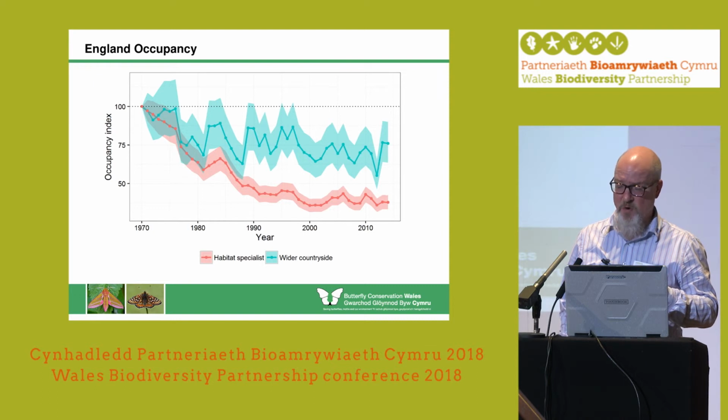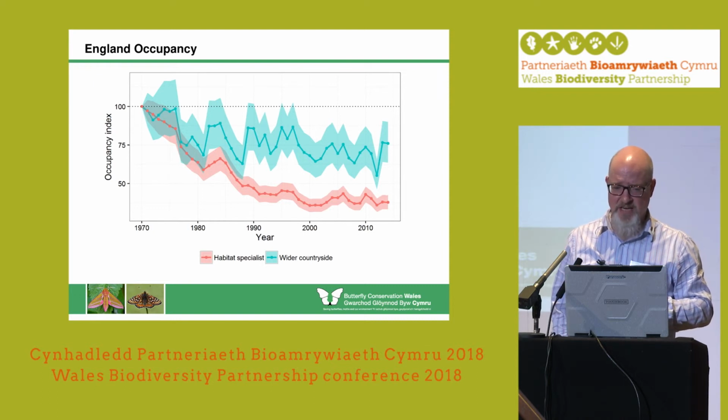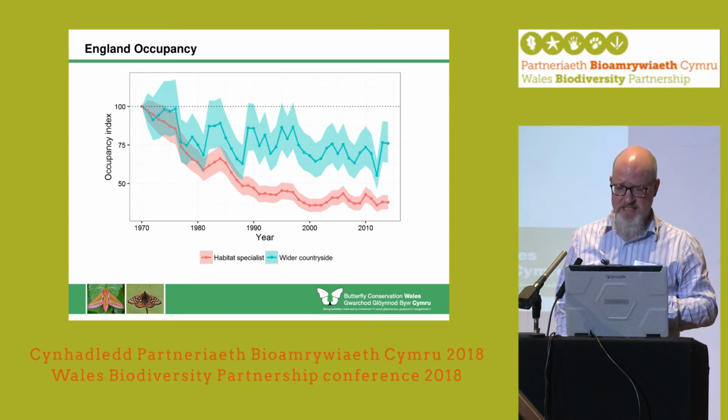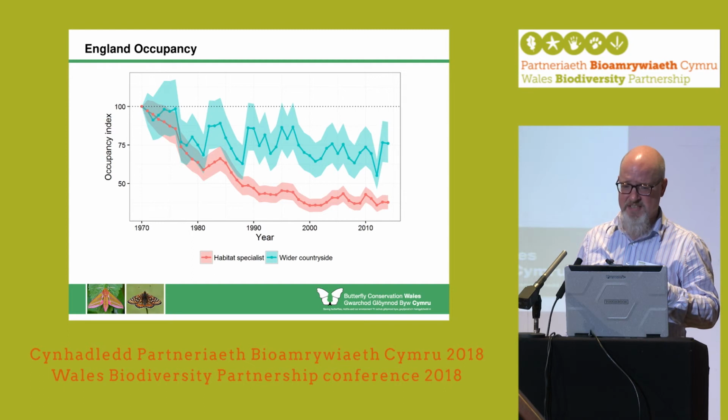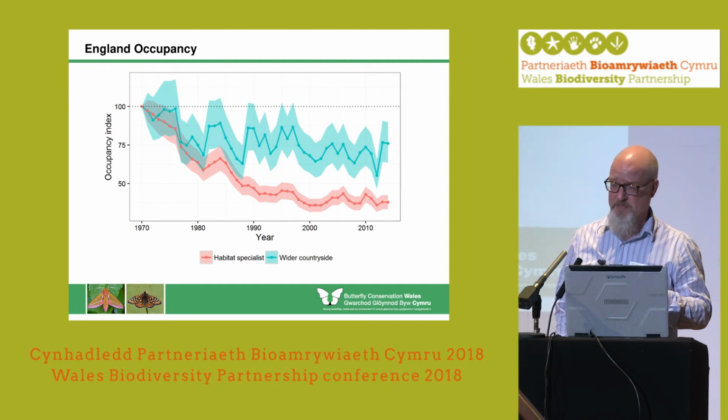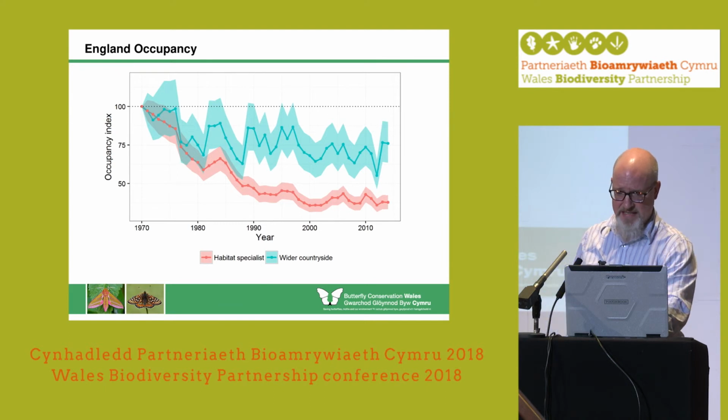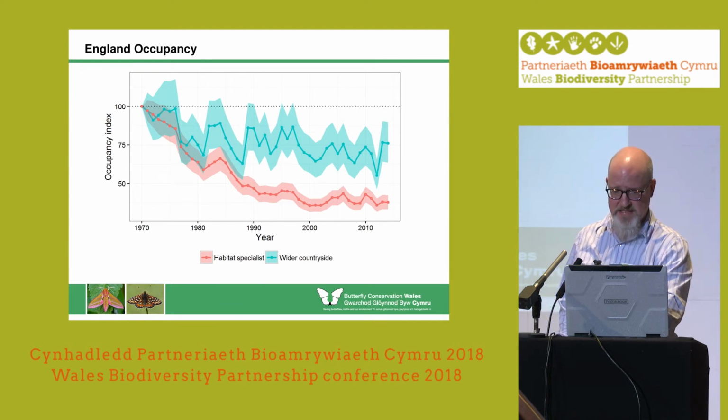And in terms of the wider countryside, the habitat generalists, yes, they dropped down up to 1990, but have stabilised since then. But again, if you think of the start point and where the drought was in 76, you'll see that there was a big impact from the drought in 76, and they never really recovered from that.